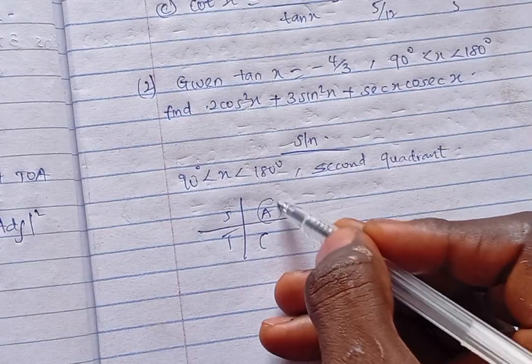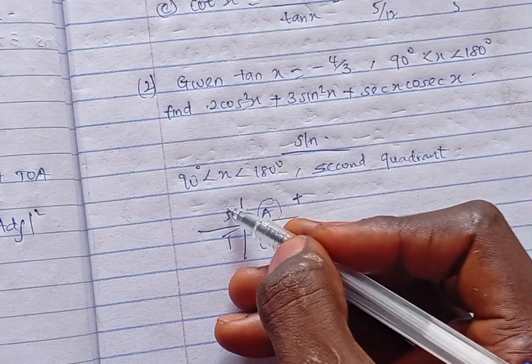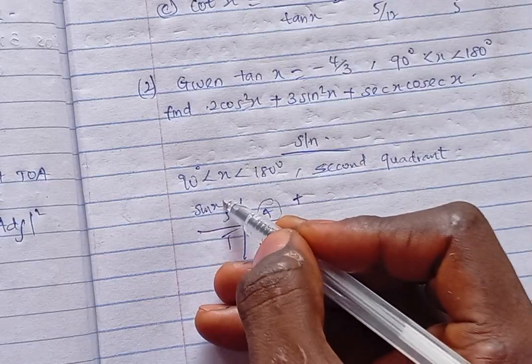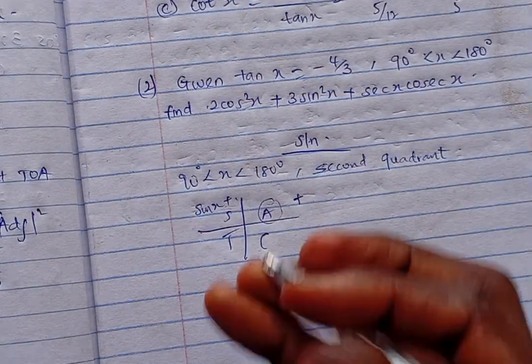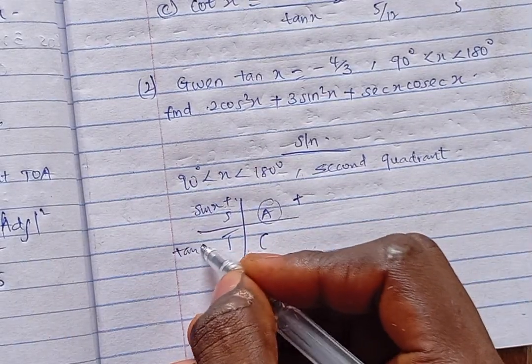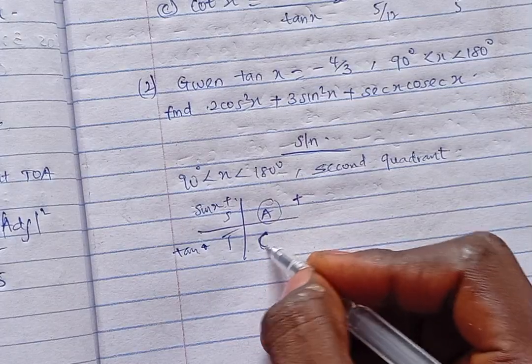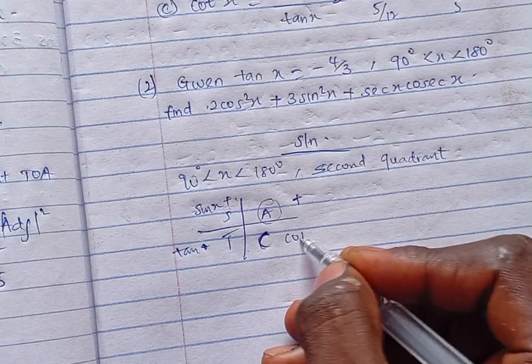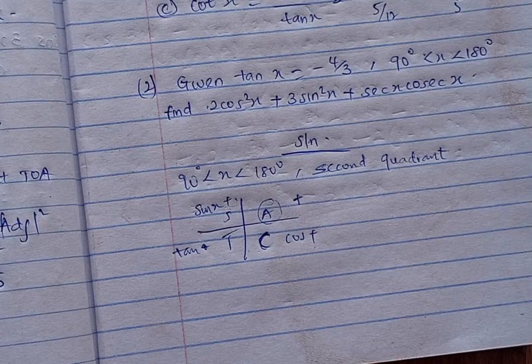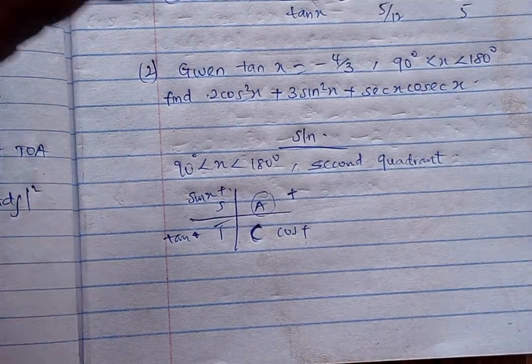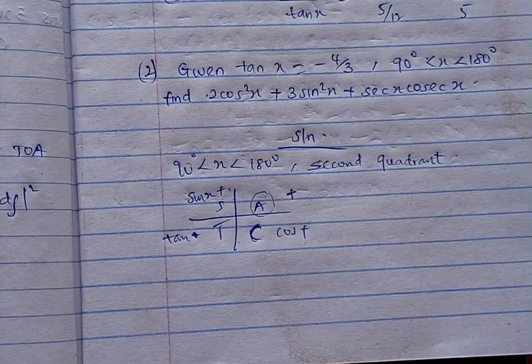It means all of them are positive in the first. In the second, only sine is positive. In the third, only tan is positive, and in the fourth, only cos is positive, while the others are negative. So this one is telling us that it is in the second quadrant.